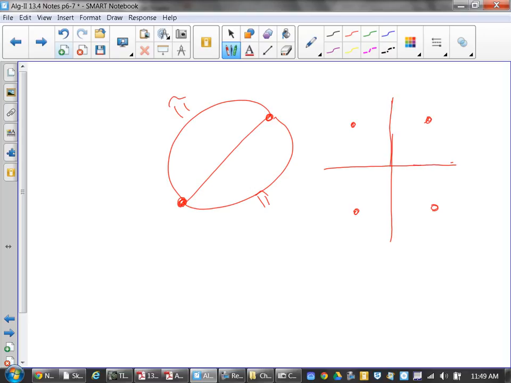To go from pi over 4 to 3 pi over 4 is how much? Half pi's. So depending upon the values of where you're being placed, your general solution can change.